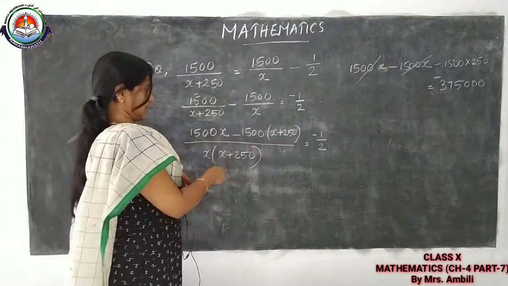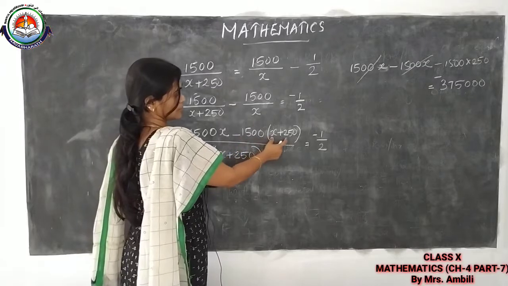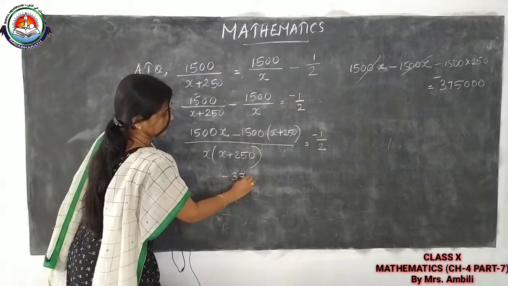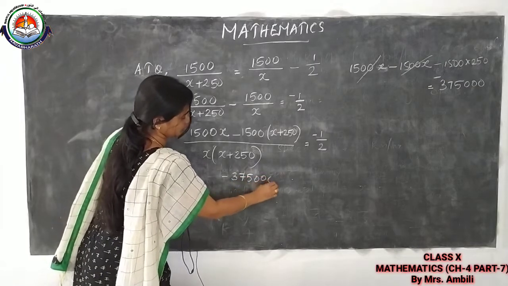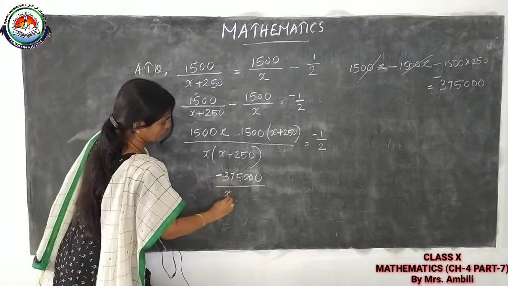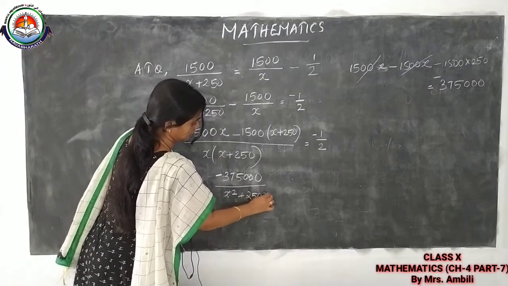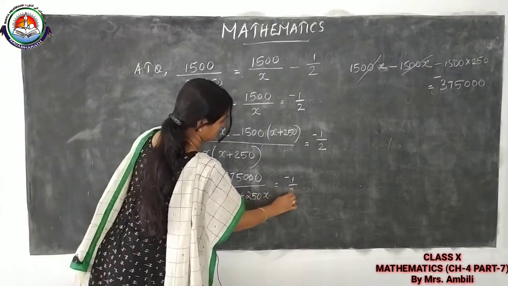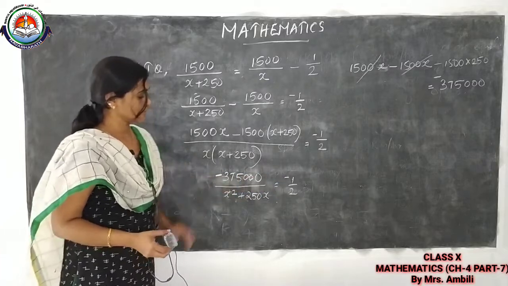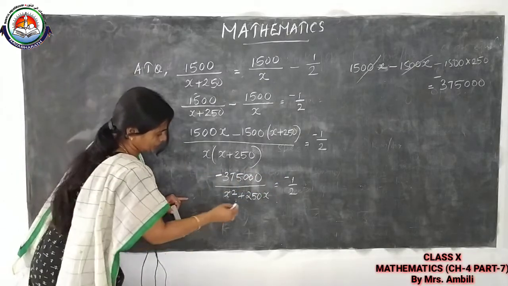So, the denominator is x into x plus 250, that is x square plus 250x, equal to minus 1 by 2. Okay, so on the left side and right side the negative sign we can cancel. So, what is remaining?